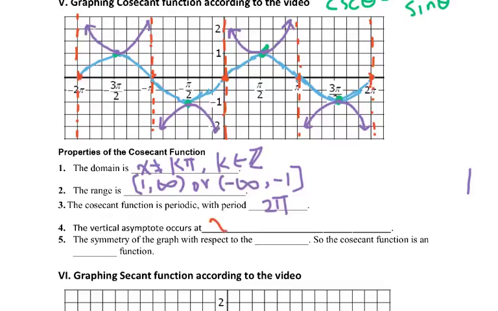So I can write x equals k pi, and k is all integers. And the symmetry of the graph will be origin. So it's an odd function.